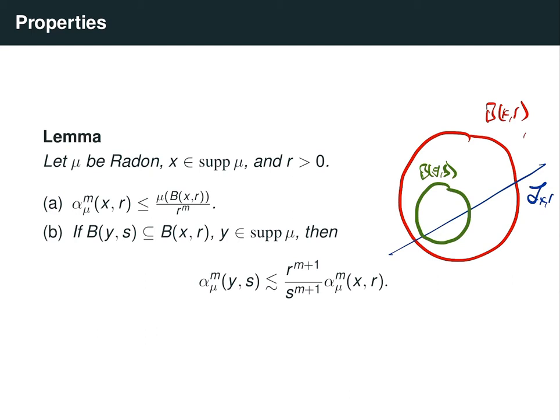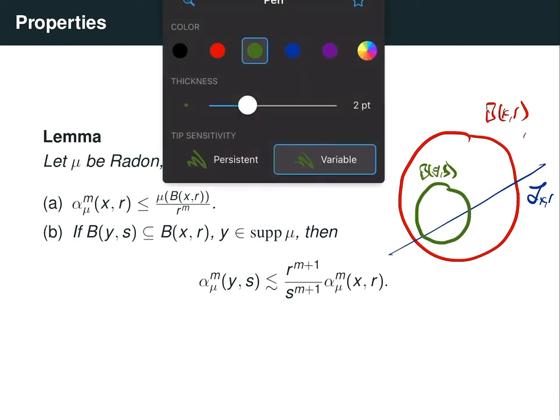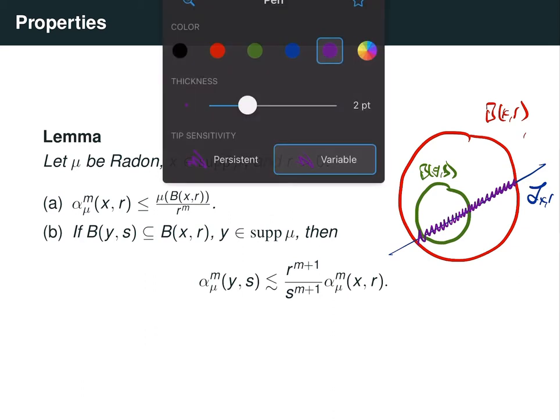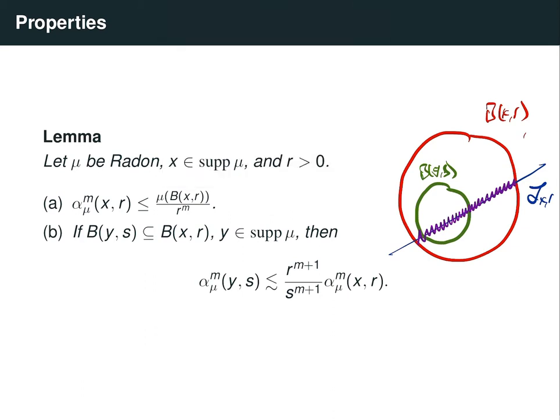But why do estimates get worse as the radius of the smaller ball gets smaller? Let's suppose that our measure was Hausdorff measure restricted to a very oscillatory graph contained in a small neighborhood of this line. The alpha number inside B(x,r) will be small for this measure, and it'll also be small for this slightly smaller ball B(y,s). But notice what happens if we zoom in on a very small ball.